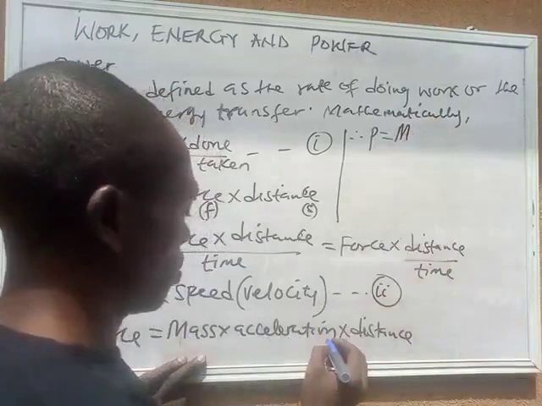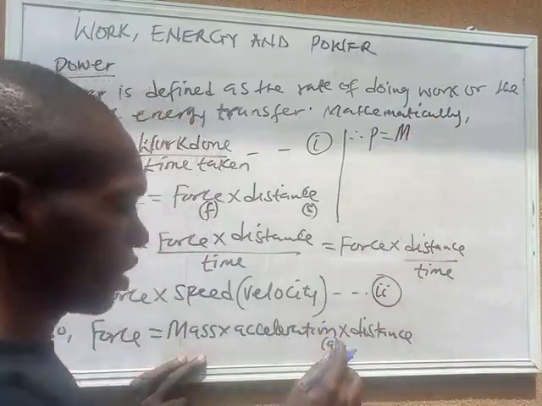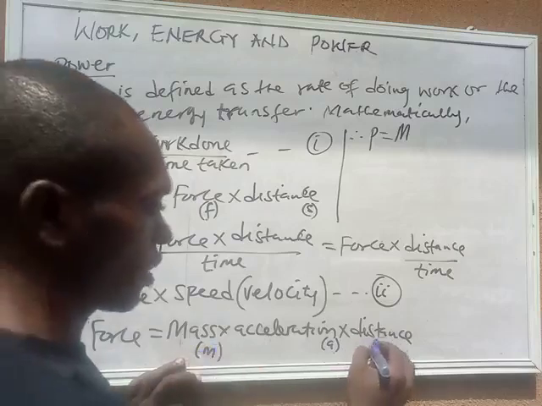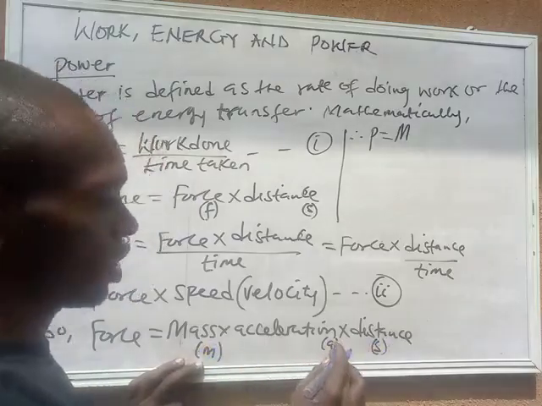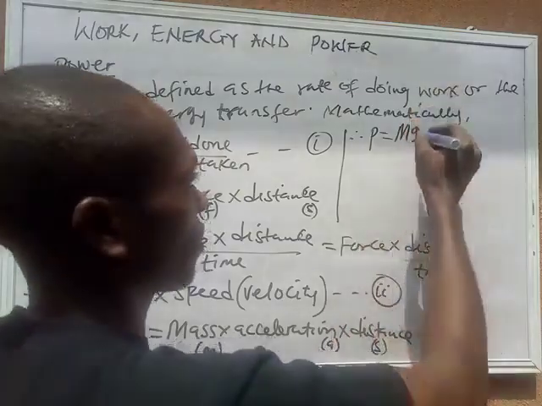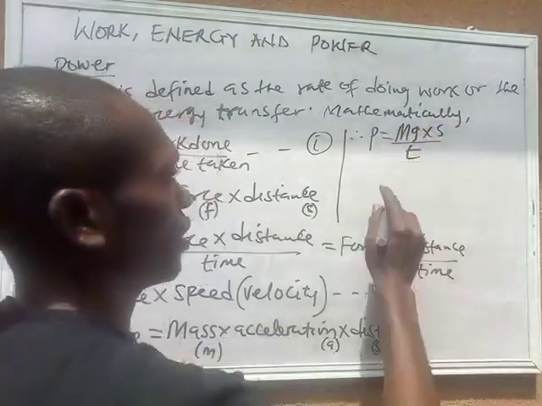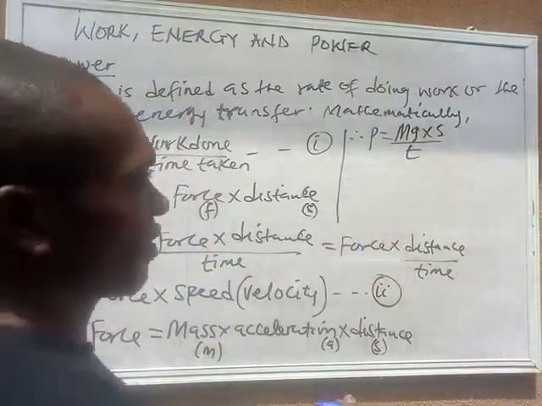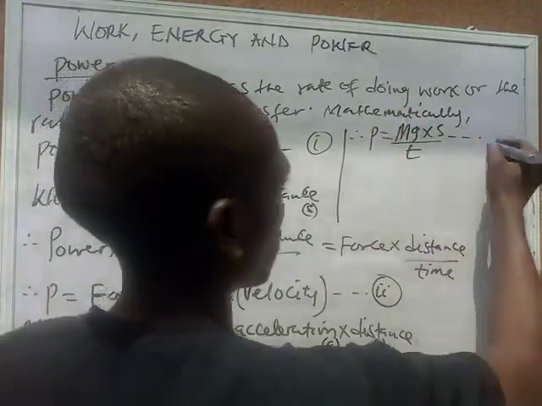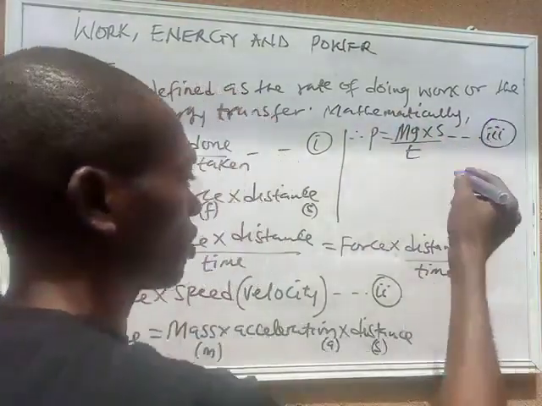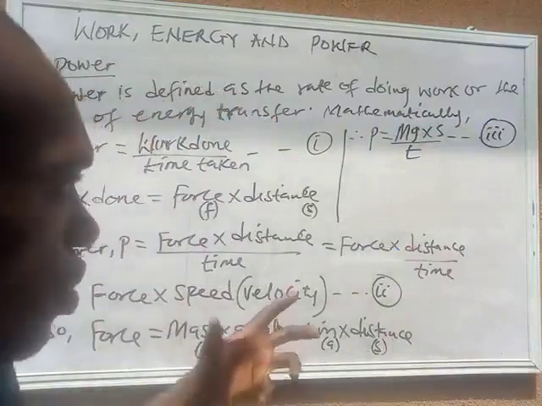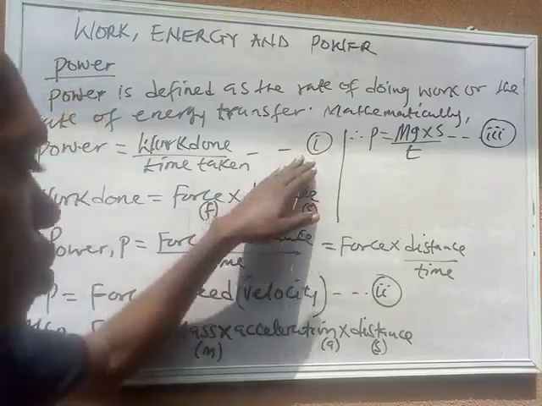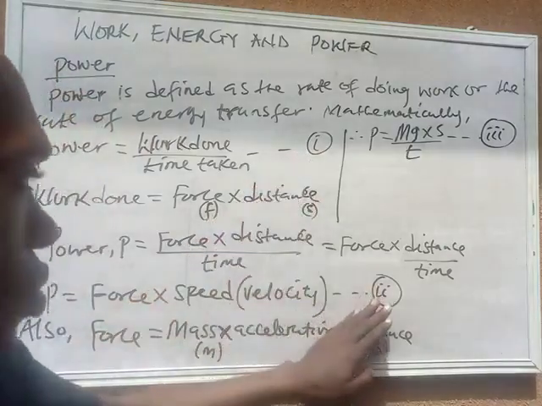Acceleration is presented with the letter A, mass is M, and distance is S. So let's just substitute that. I can use A or g, so we can also have it as M times g times S over T. This can also be a formula for calculating power. So no matter how the question comes, you can always manipulate your way towards the answer. We can either use equation 1, equation 2, or equation 3.